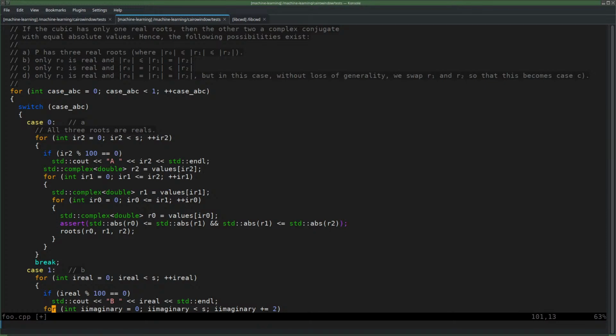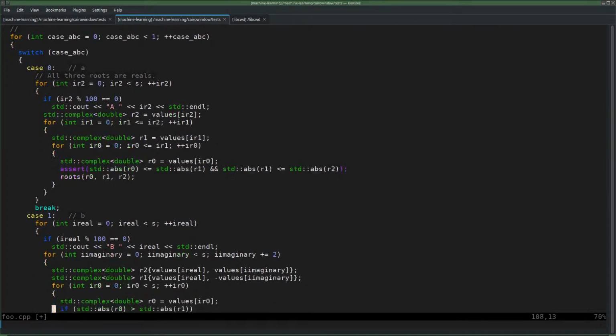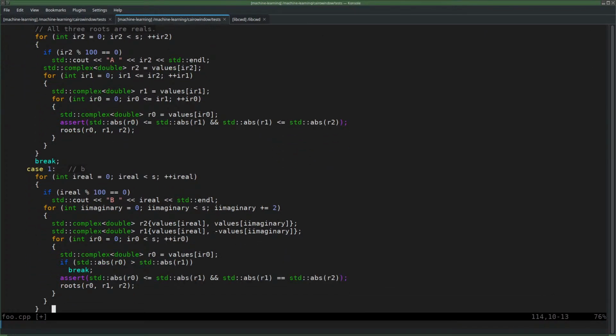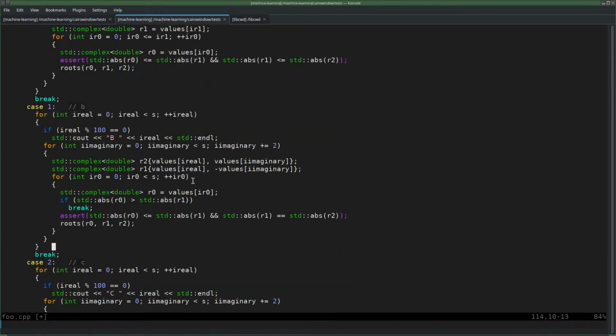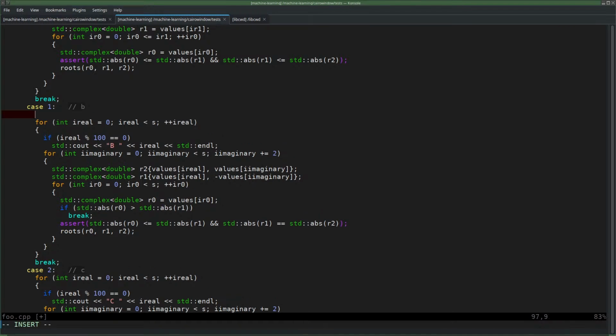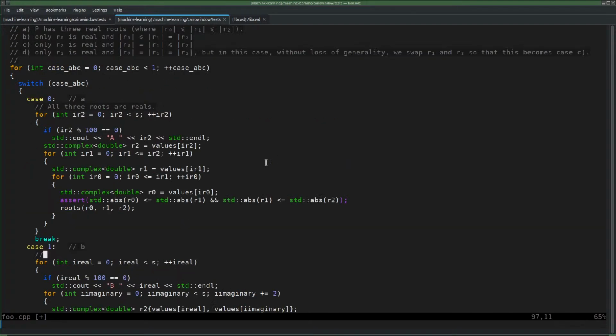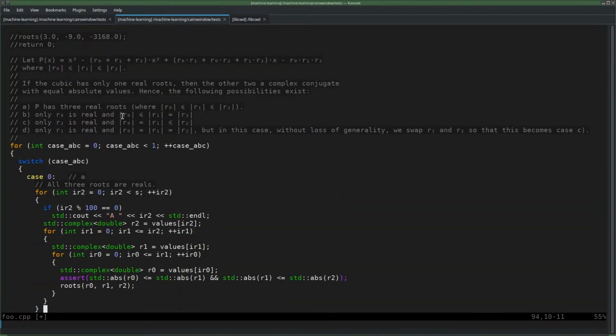And then we have case B. I just split that up in the real part and the imaginary part of the complex roots. So here I say R0 and R1 are complex.